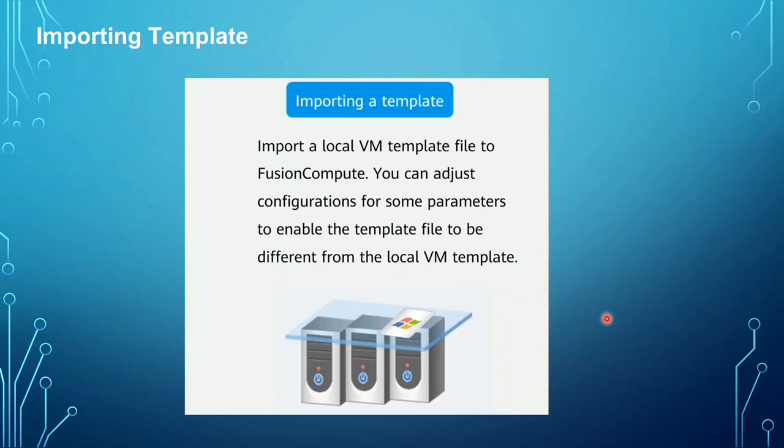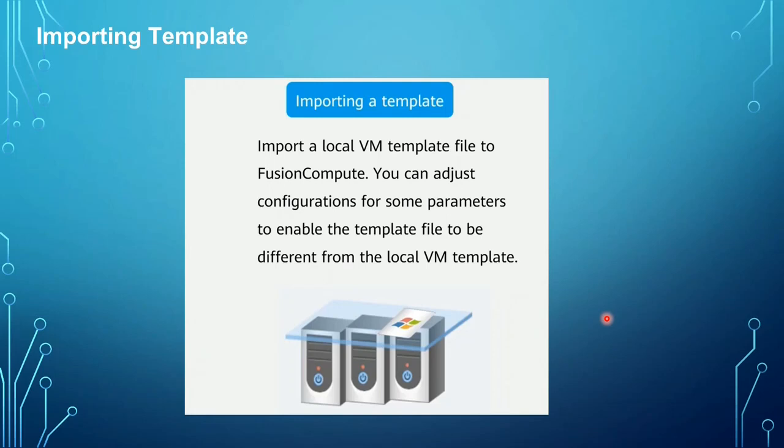If the supported format is available, you can import it to the FusionCompute environment, and you will get the operating system, application, everything in the template. If the application is already installed or everything is set up already, you don't need to do these things again and again. You can just import your template, power on your VM, and all the applications and everything will be available there. So this option is also available.